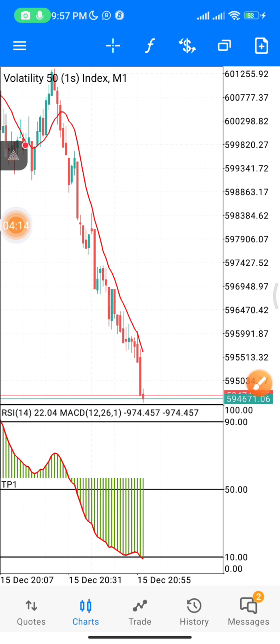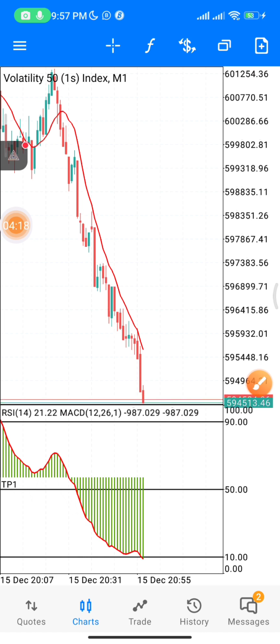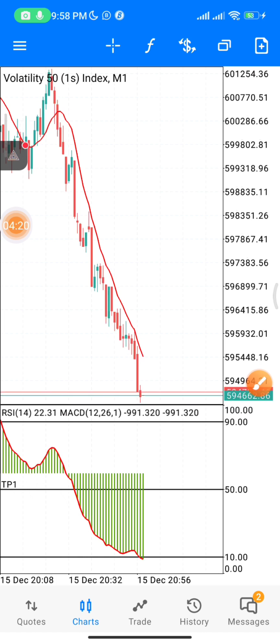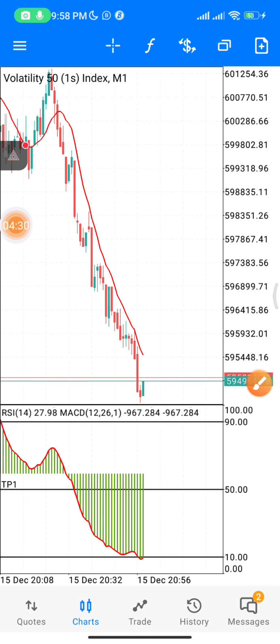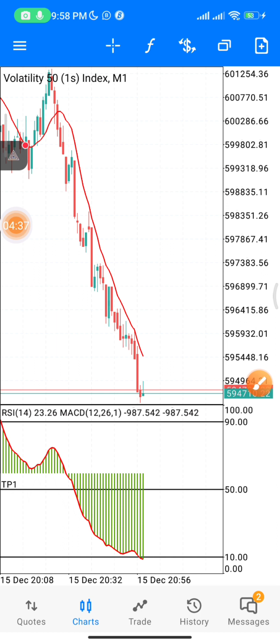This is one of the best strategies so far. You can see that we also give you guys fantastic trades, fantastic positions.